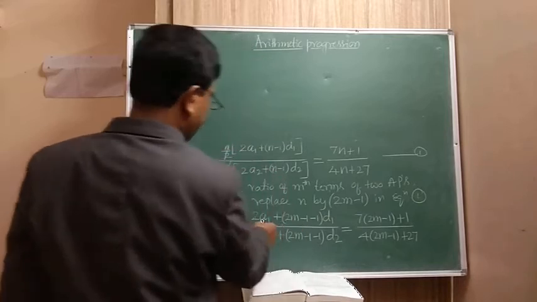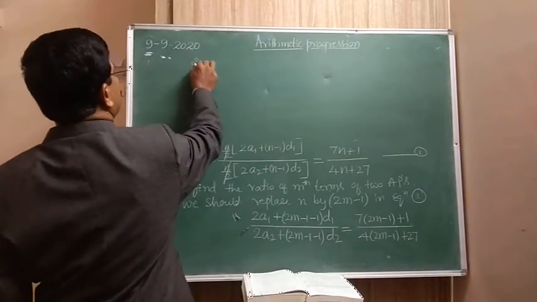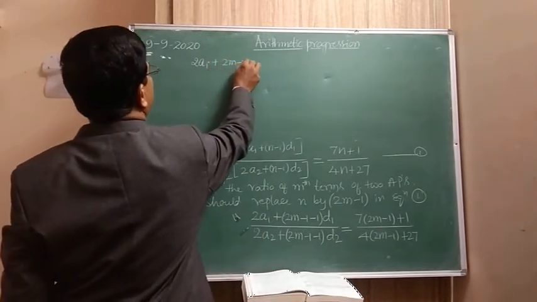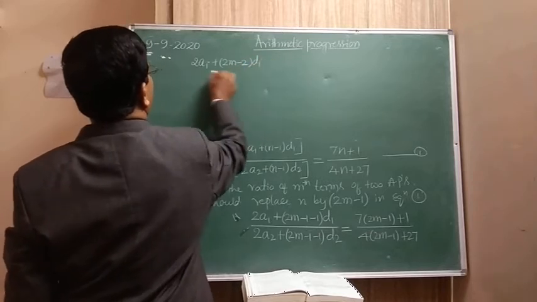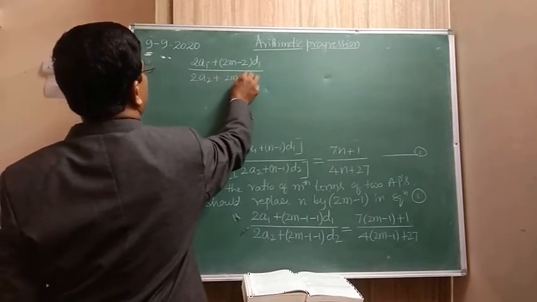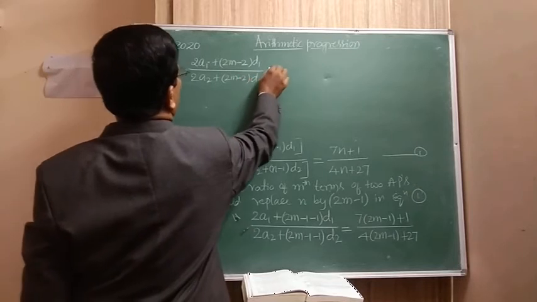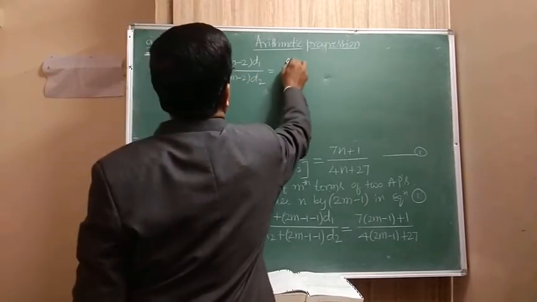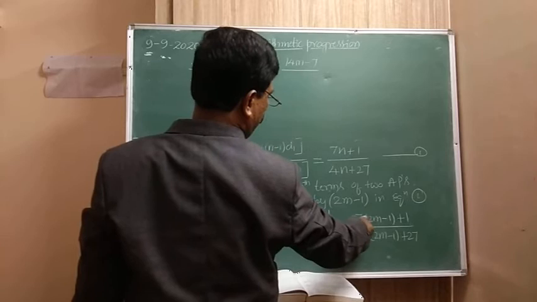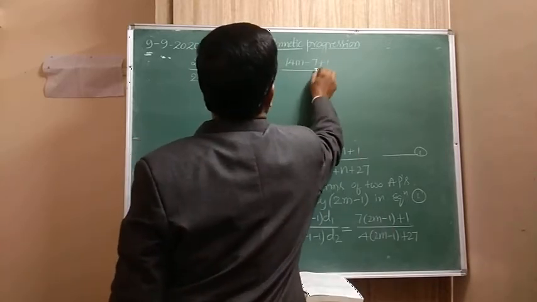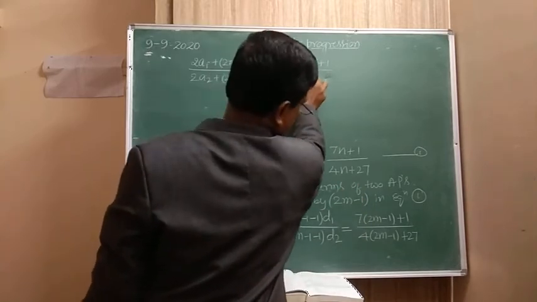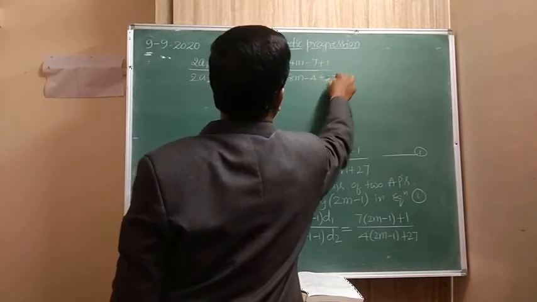Now, what's the next? Here is 2a1 plus 2m minus 2 into d1 by 2a2 plus 2m minus 2 into d2 is equal to, now here is 14m minus 7 plus 1 divided by 2 4s are 8m minus 4 plus 27.